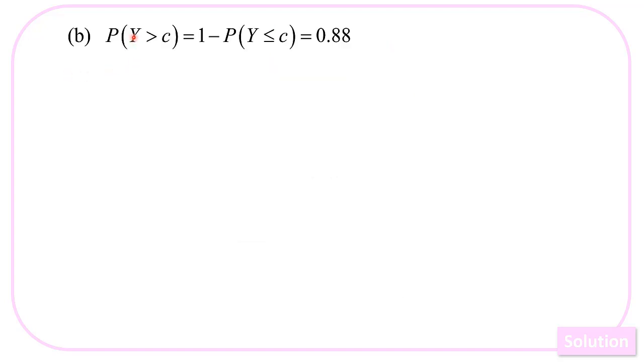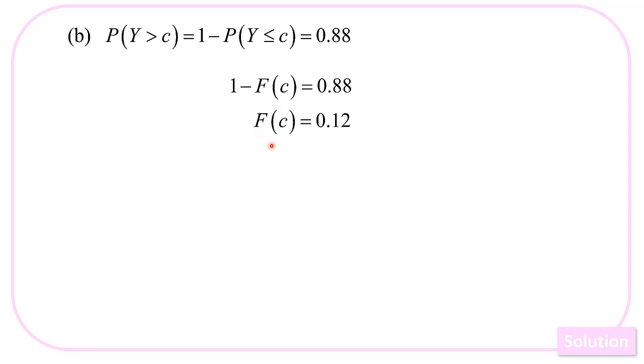For question B, we are going to find c, given the probability of y greater than c equal to 0.88. We have a cumulative distribution function, so we need to change the sign from greater than to less than. We know that the probability of y greater than c is equal to 1 minus the probability of y less than or equal to c, and this is equal to f of c. So, rearranging, we have f of c equal to 0.12.